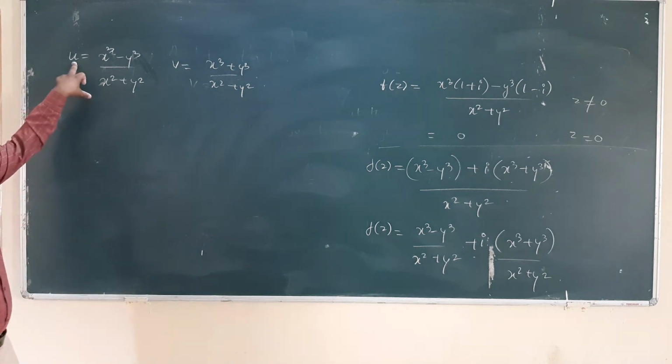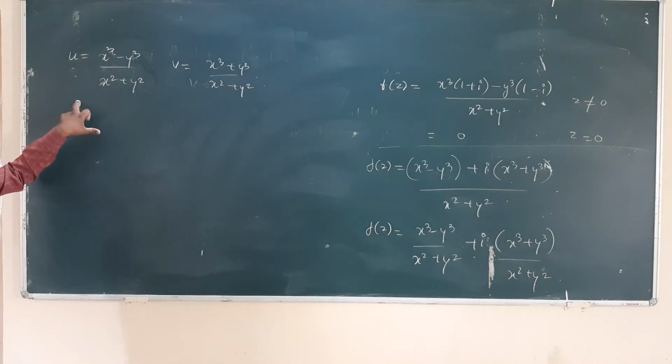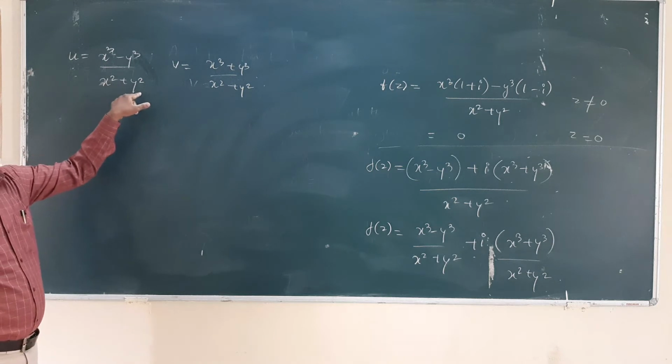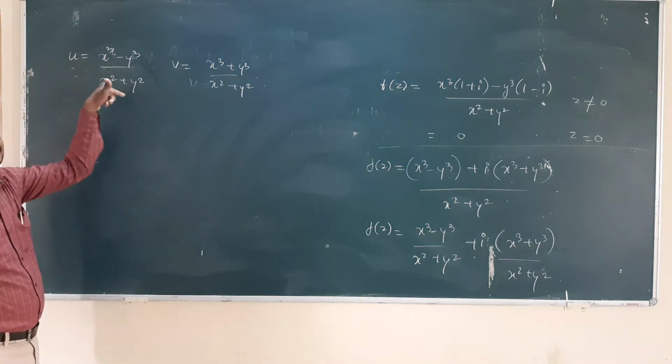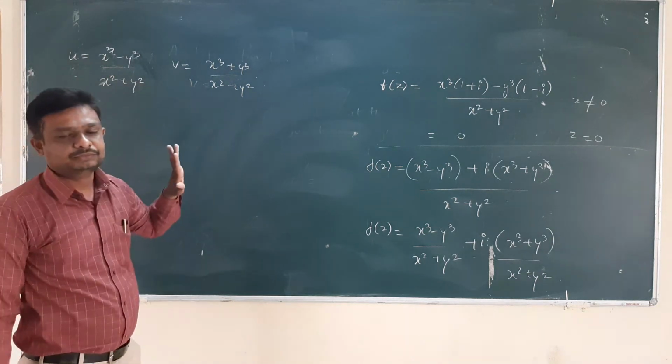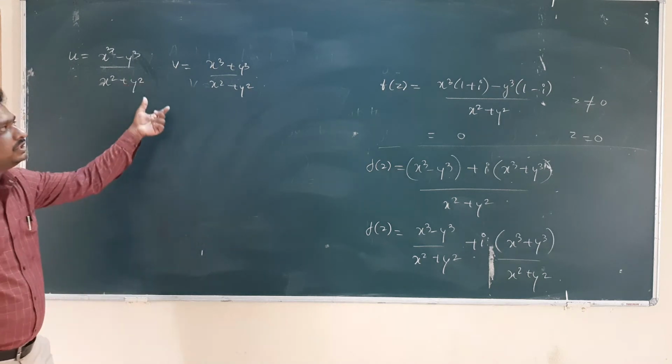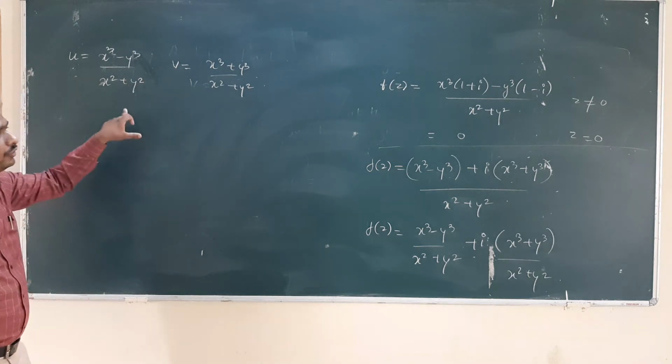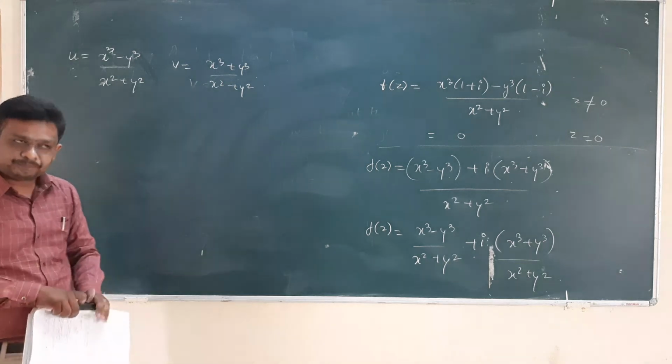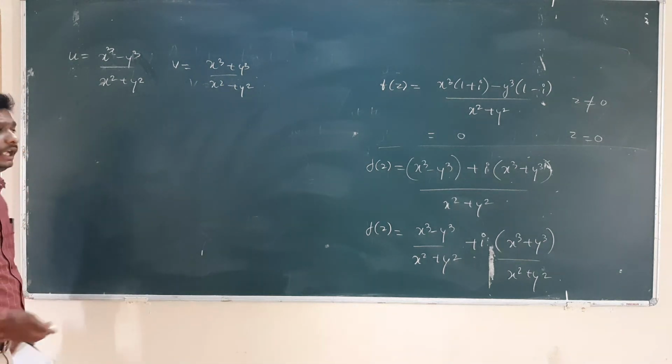If I differentiate this u partially with respect to x and partially with respect to y, and after putting the origin, that is the point (0, 0), definitely I will get an indeterminate form. So therefore I cannot differentiate by the usual method. Therefore I am going to use the principle of derivatives.